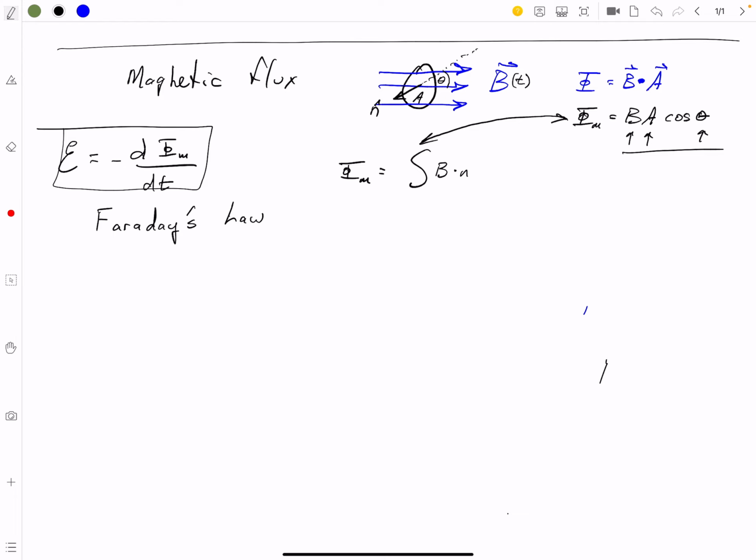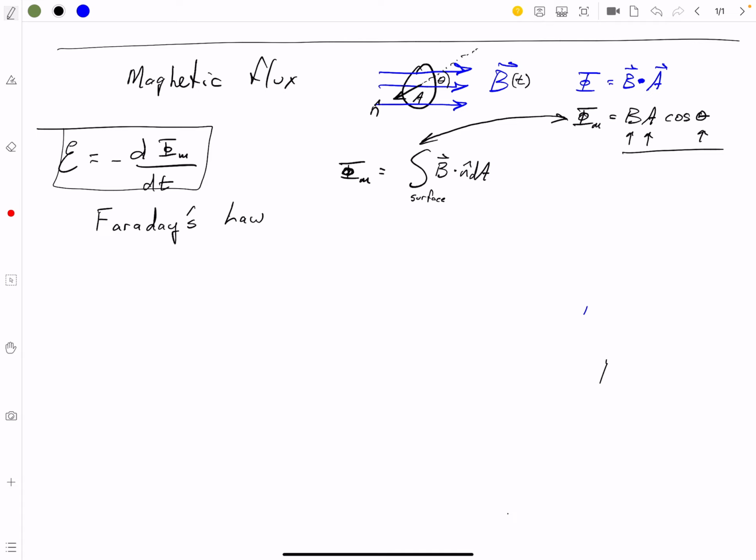Our magnetic flux is equal to the integral over a surface of B dot n hat dA. Just a capital Phi.